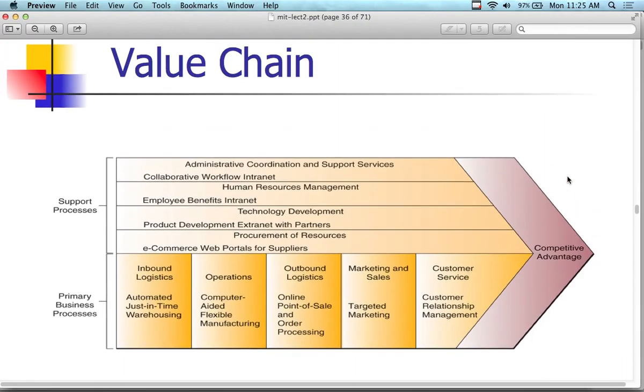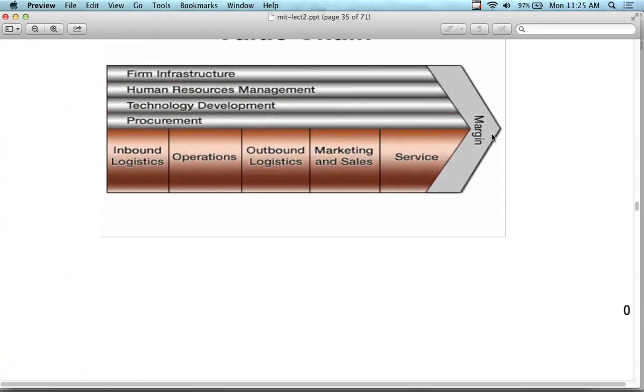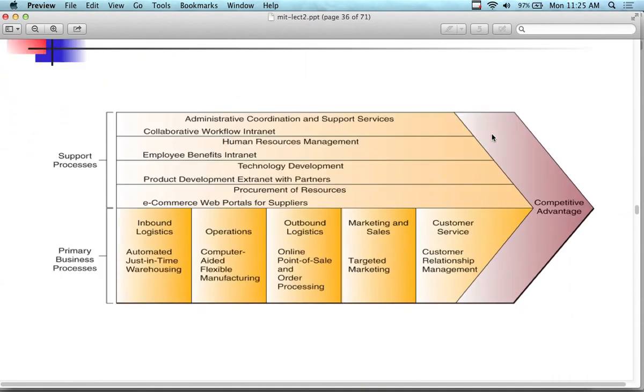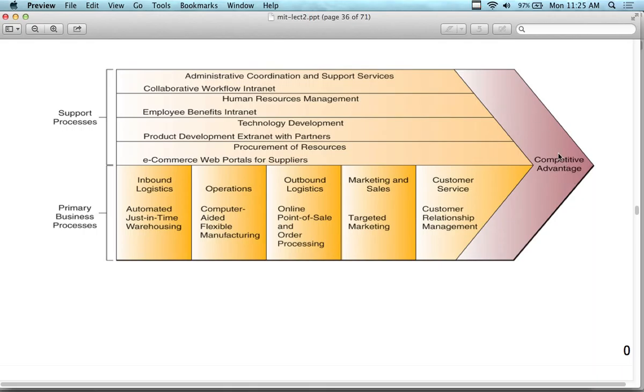So instead of this leading to the margin, we have the competitive advantages over here, broken down into 2 primary sources or functions: the support processes and the primary business processes.